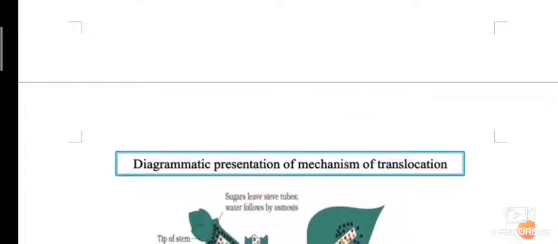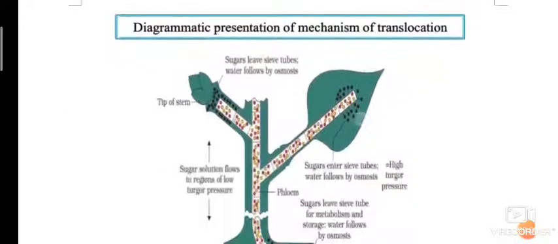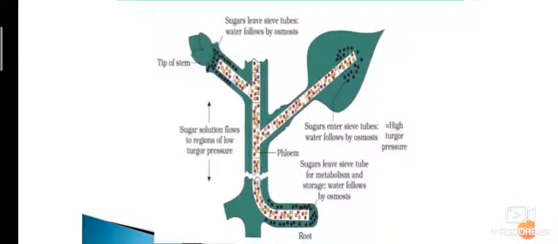The diagrammatic representation of the mechanism of translocation. See, the root absorbs water, the sugar level, sieve tubes for metabolism and storage, water flows by osmosis.